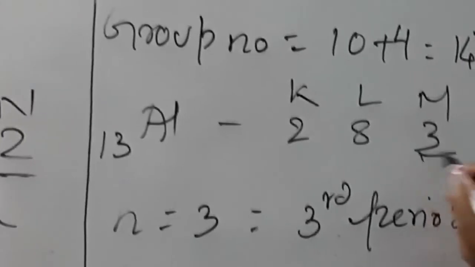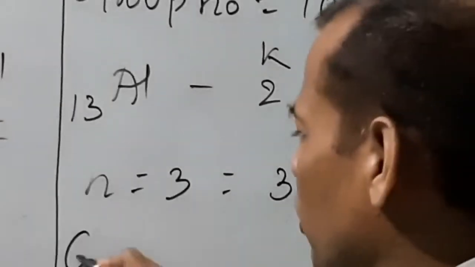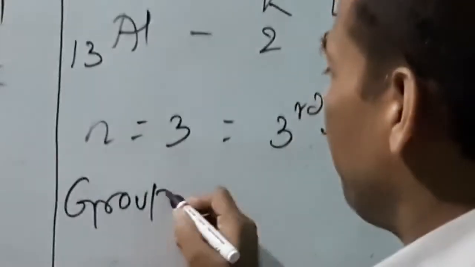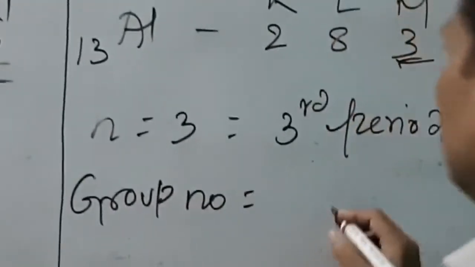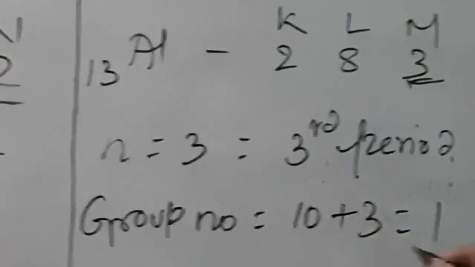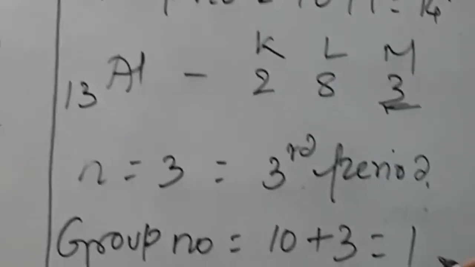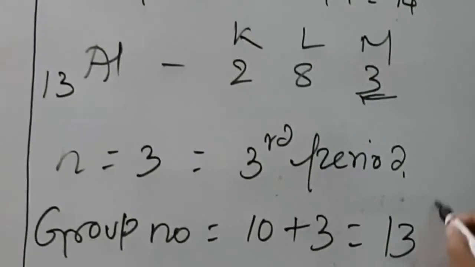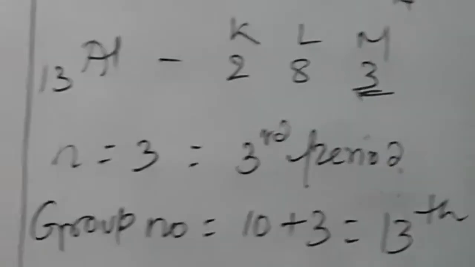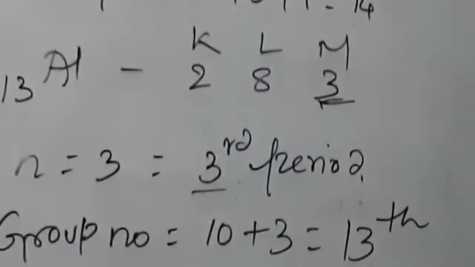Now number of valence electrons is 3. So group number is equal to 10 plus valence electron. It means the aluminium belongs to third period, 13th group.